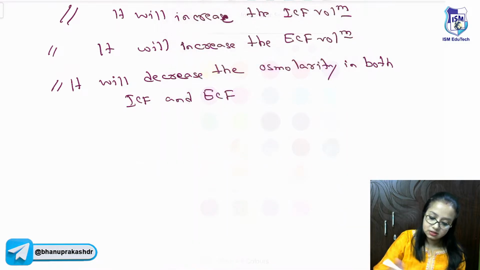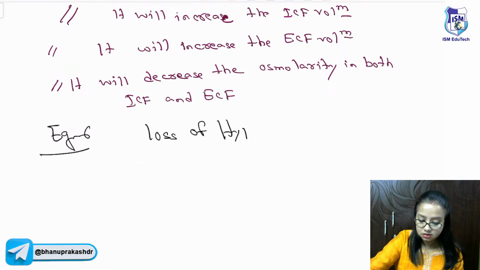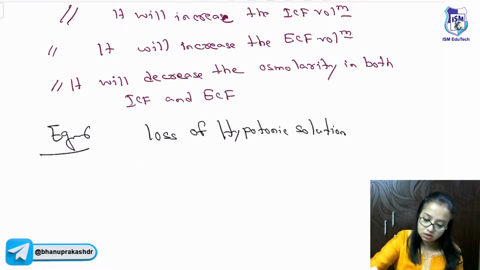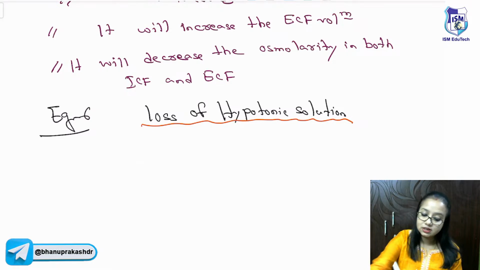Example 6. Loss of hypotonic solution. What is a classical example of loss of hypotonic solution?